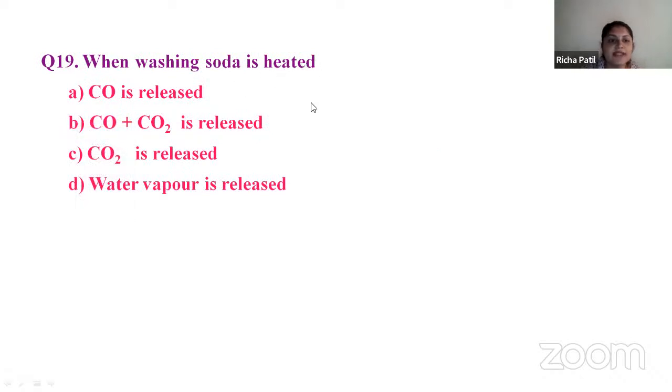When washing soda is heated, what is washing soda? Sodium carbonate, Na2CO3.7 water molecules.